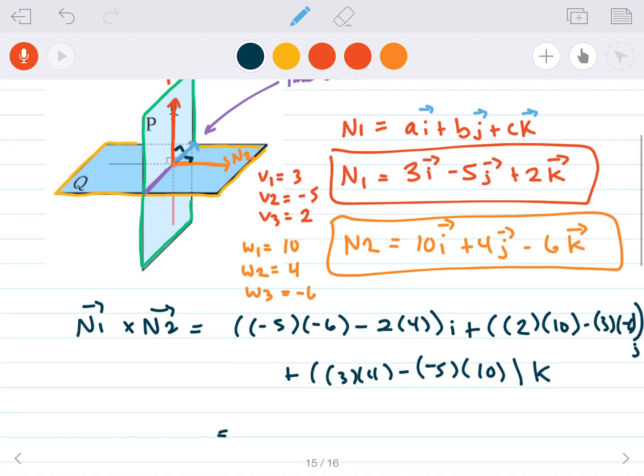Okay, so simplifying that all out, we get 22i plus 38j plus 62k.